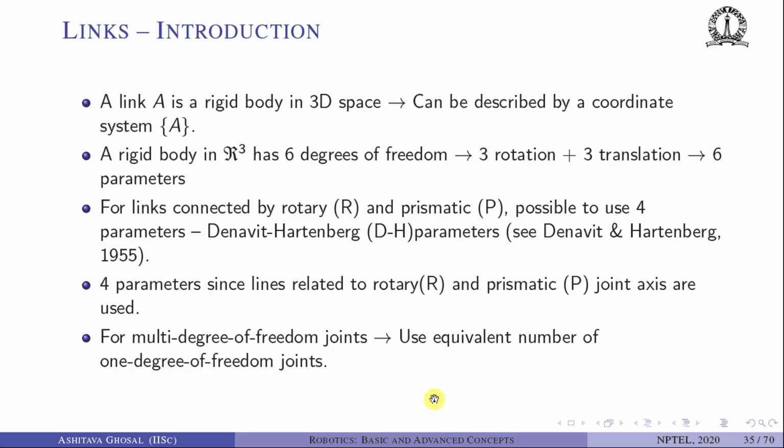One way of using DH parameters is to make use of an equivalent number of 1 degree of freedom joints. For example, a spherical joint, which is a 3 degree of freedom joint, can be represented by 3 intersecting rotary joints, and hence we can again use DH parameters for the rotary joints.